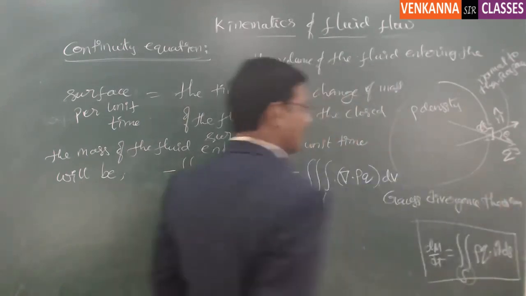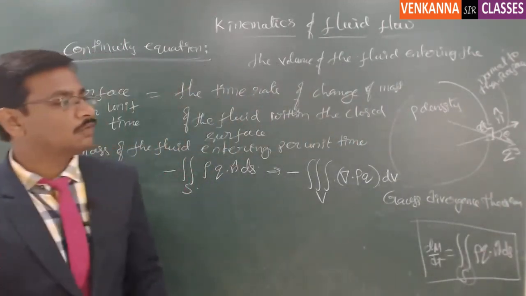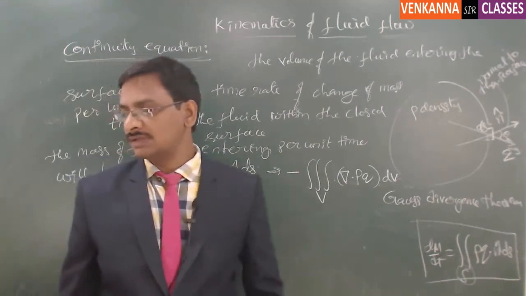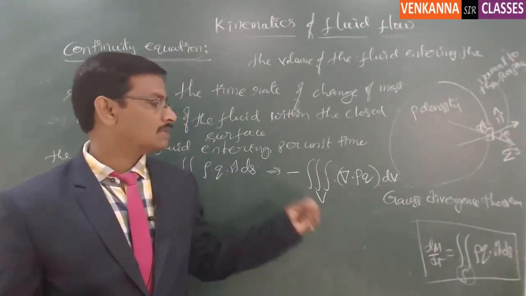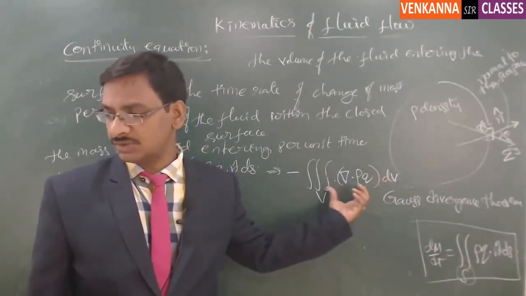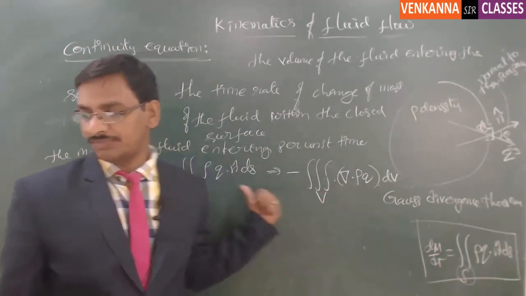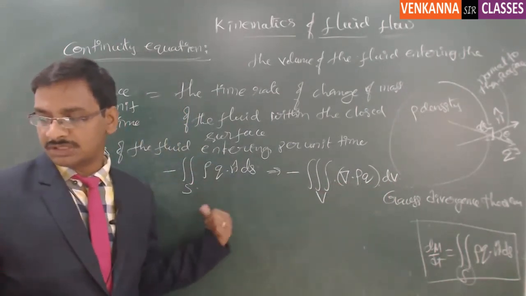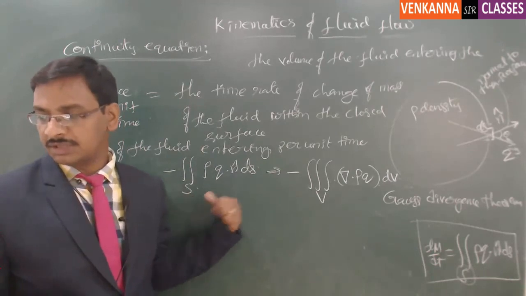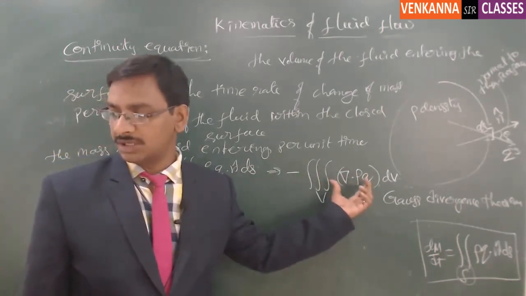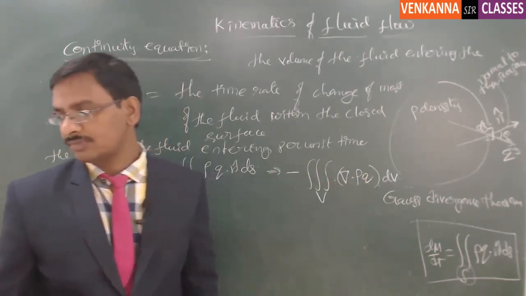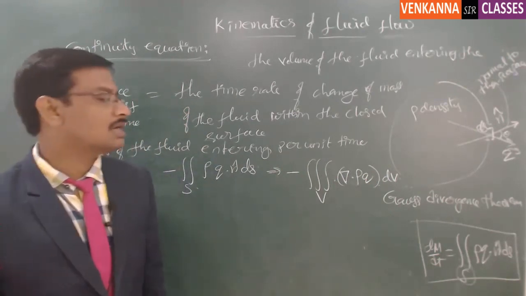As per Gauss divergence theorem, whatever fluid is entering a closed surface is always equal to the mass accumulated within the surface, right? So over this particular surface, whatever is entering is nothing but what is accumulated within. This was stated by Gauss divergence theorem.